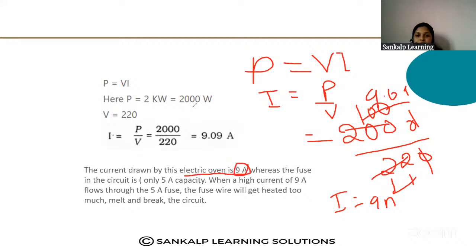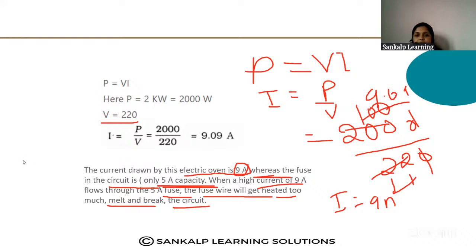So for a power of 2000 watt and voltage of 220 volt, the electric current flow is 9 ampere, whereas the fuse in the circuit is only of 5 ampere capacity. When a high current of 9 ampere flows through the fuse, the fuse wire will get heated too much, melt and break the circuit.